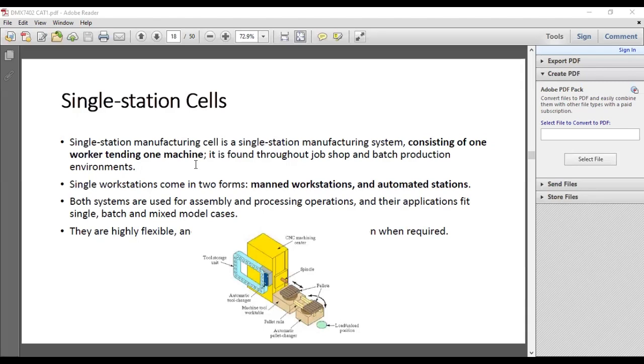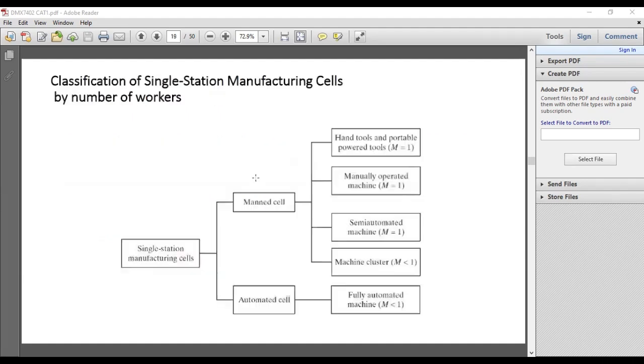So that is the basic meaning of a single station cell. Remember, go through this and find out what the characteristics are. It is one machine and one worker attending the cell.